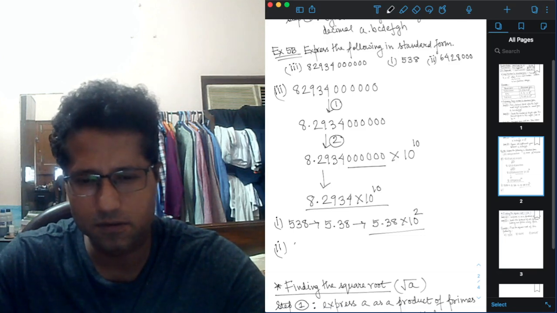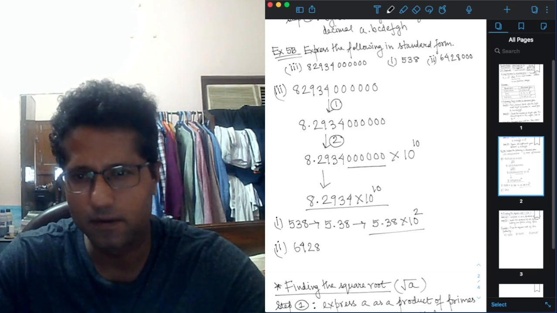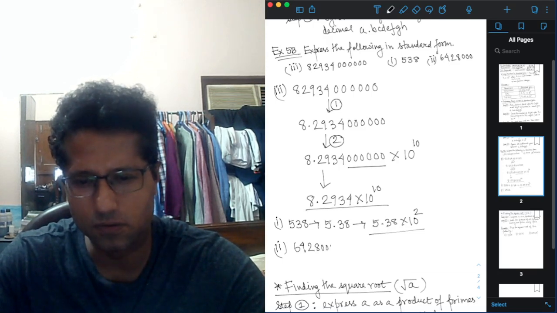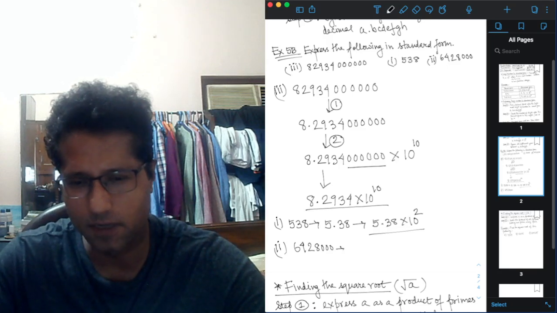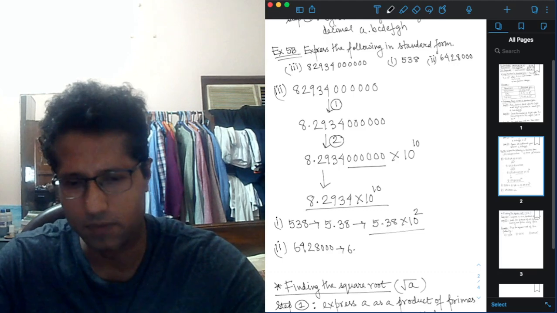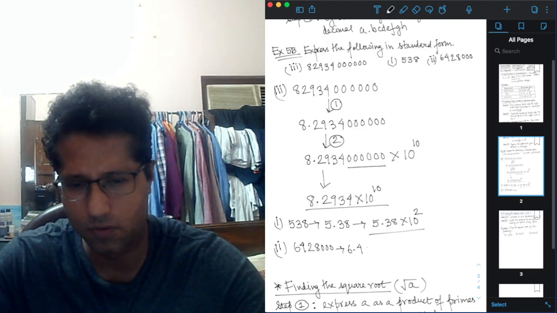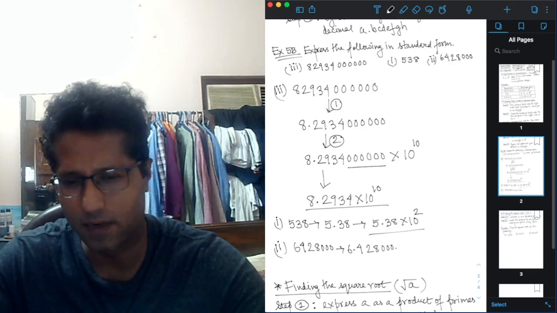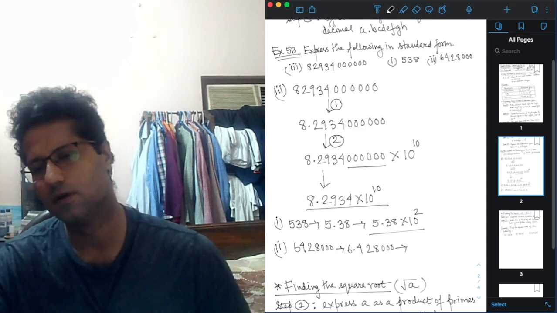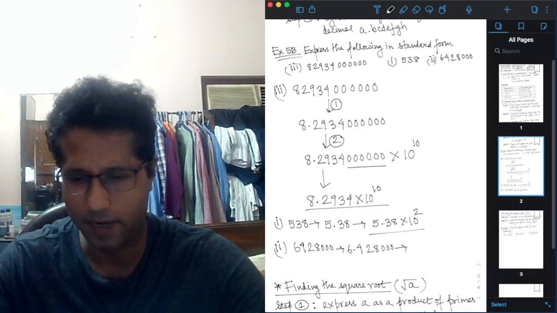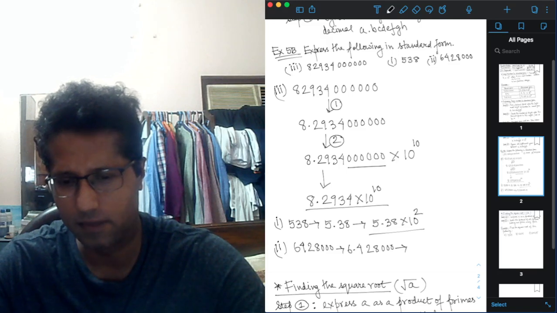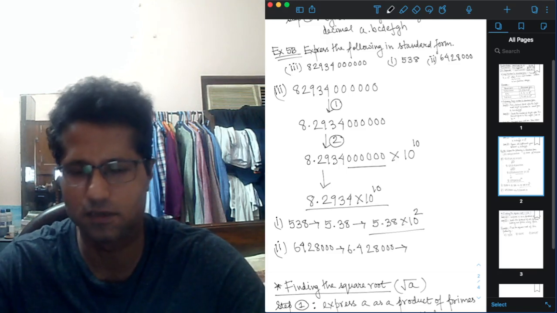Part 2 is 6428000. So after the first step, I will put the decimal point after the first digit in the number from the left hand side. So 6.428000. Then I will count the number of digits after the decimal point to the right. So I have 428 and 3 zeros, that is 6 digits.